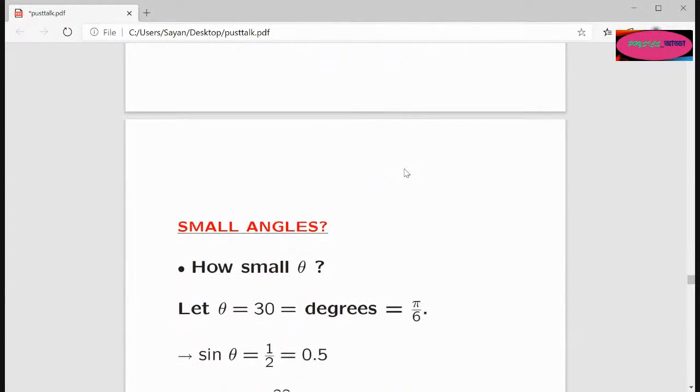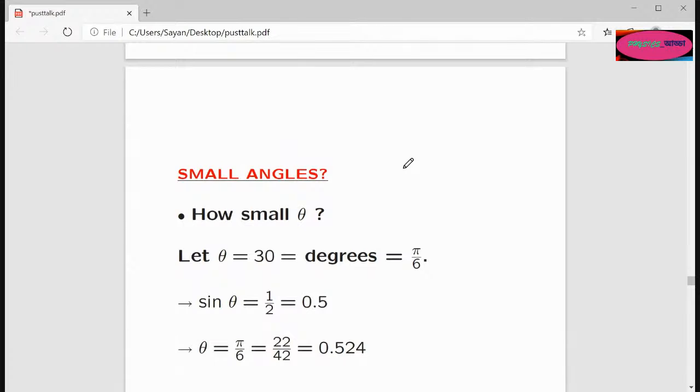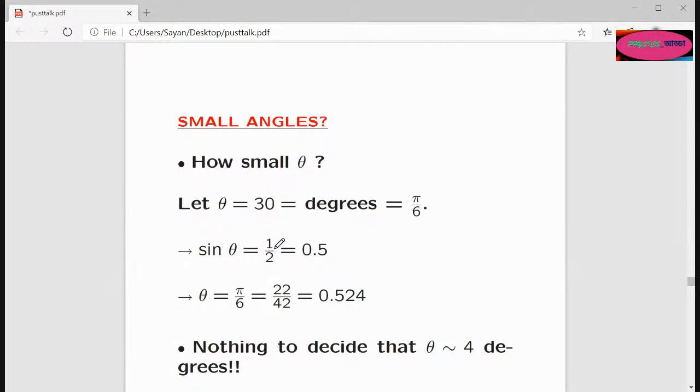Now all of you are familiar with the fact that to get simple harmonic motion, you must have small theta. So you take theta equal to 30 degrees, which is π by 6. And sine theta is equal to half, so it's 0.5, but theta equal to π by 6 is 22 by 42, which is also 0.524.